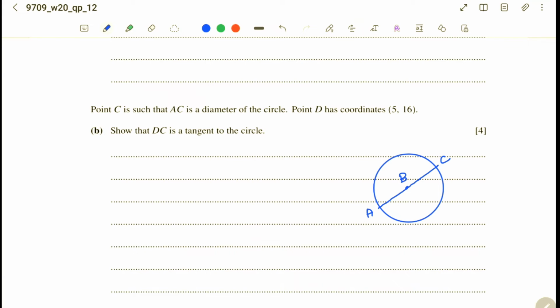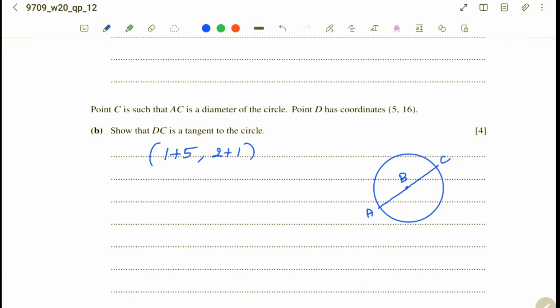AC is given as the diameter of the circle. So the difference between the points A and B is 1 plus 5 comma 2 plus 1.